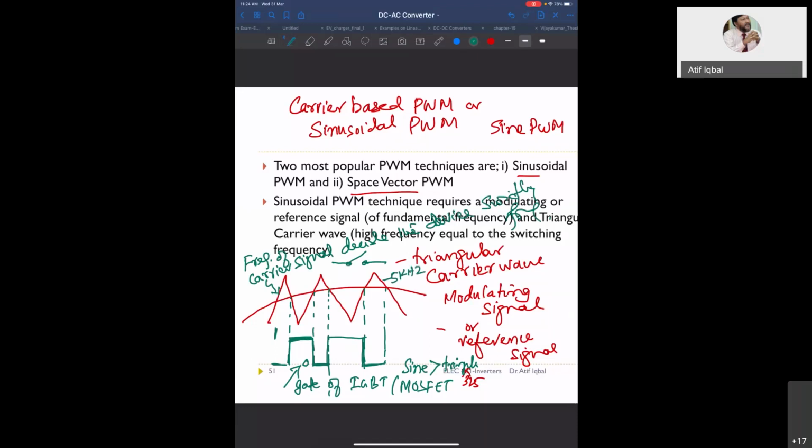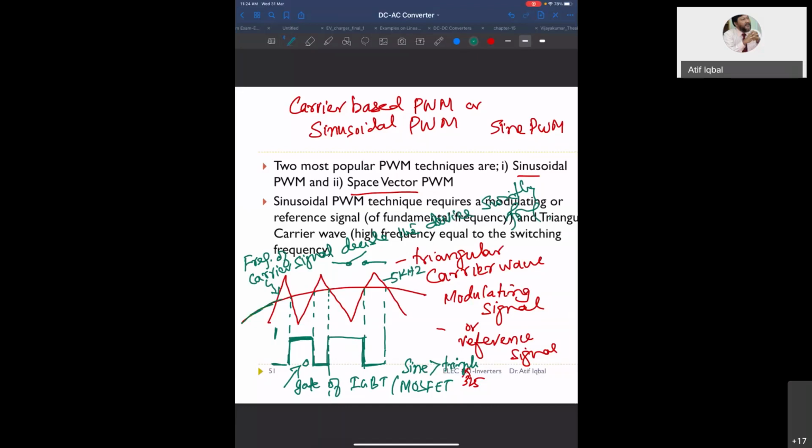If it is a 5 kilohertz waveform, the switching of the device, IGBT or MOSFET, will be at 5 kilohertz. If it is a 20 kilohertz waveform, the switching of the device will be 20 kilohertz.